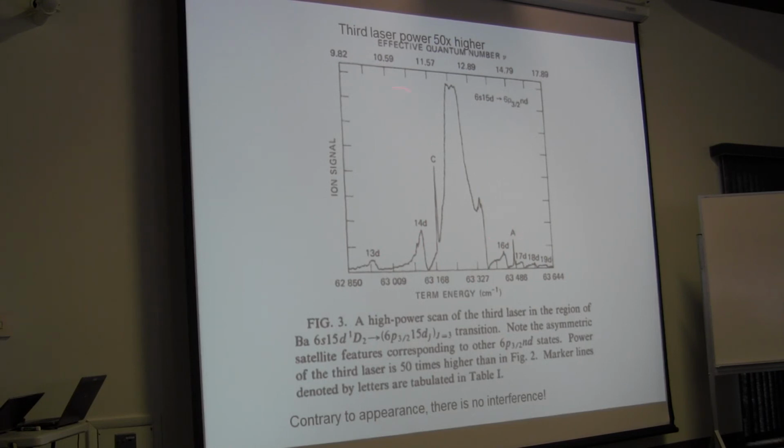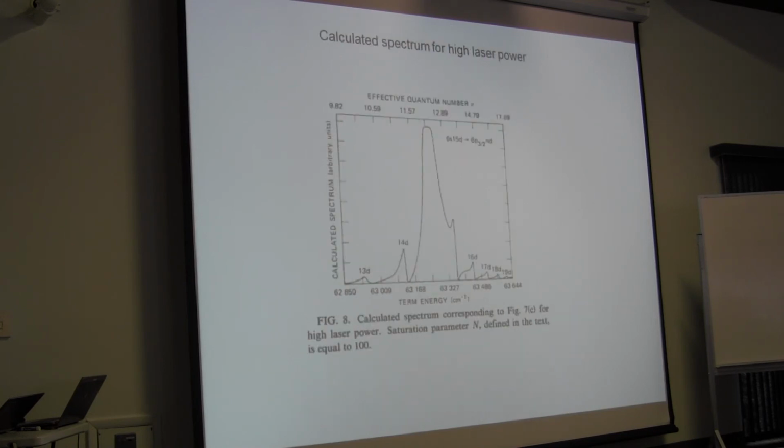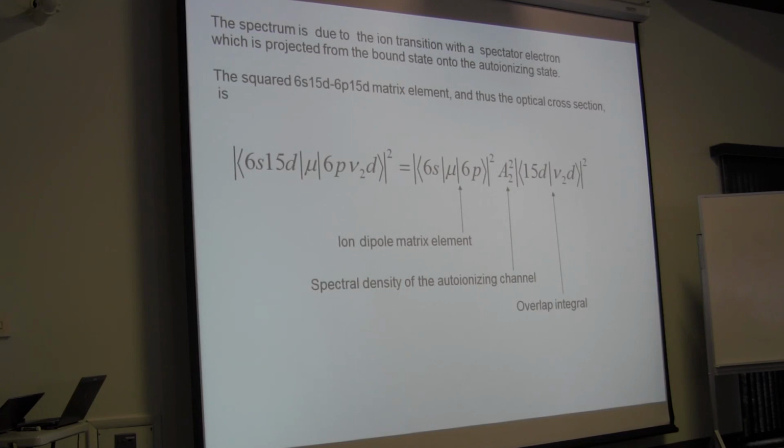And these are, again, these two photon coincidences. So this looks for all the world like it's interference, but it's not. I will now show you how you can calculate this spectrum that looks pretty much like what I just showed you. So let's just go back to my original claim. The spectrum is due to the ion transition with a spectator electron.